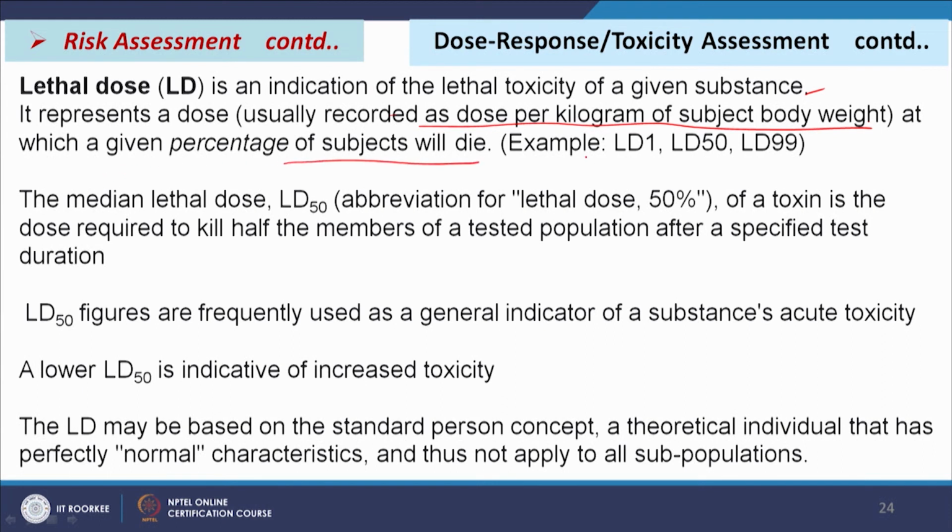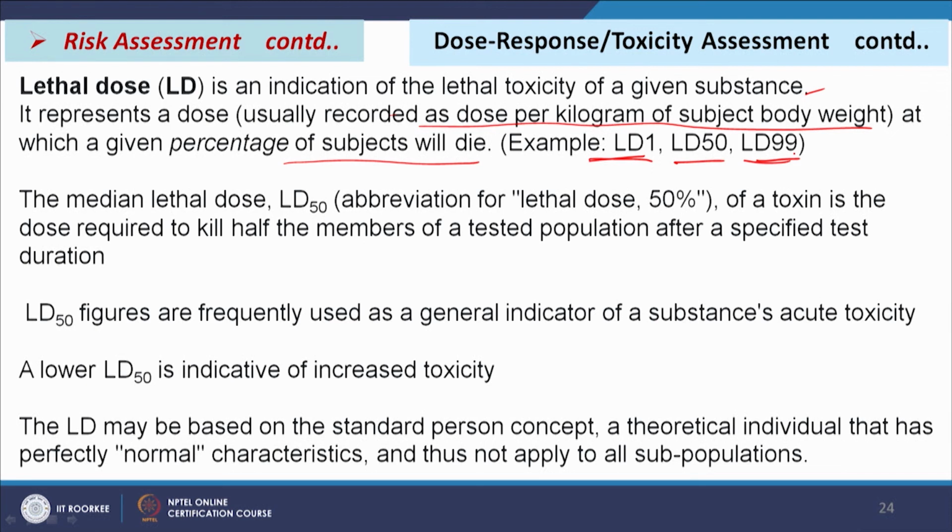For example, say LD1, LD50, LD99. LD50 means 50% of the subjects will be dead at that dose if exposed for a certain time. Similarly, LD1 means 1% will die, LD99 means 99% of the subjects will be dead.